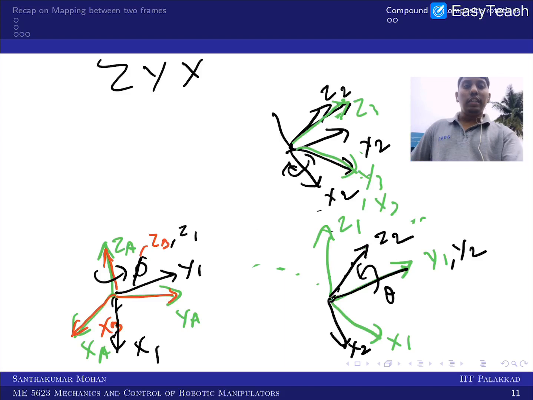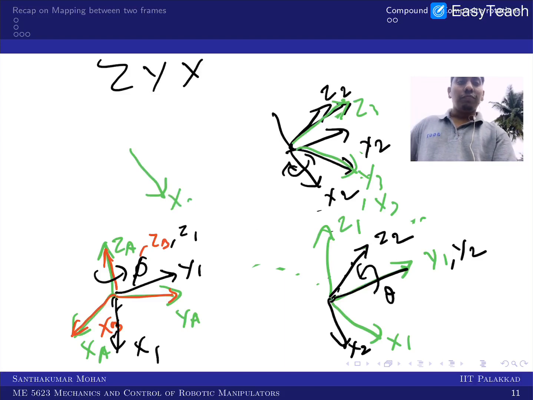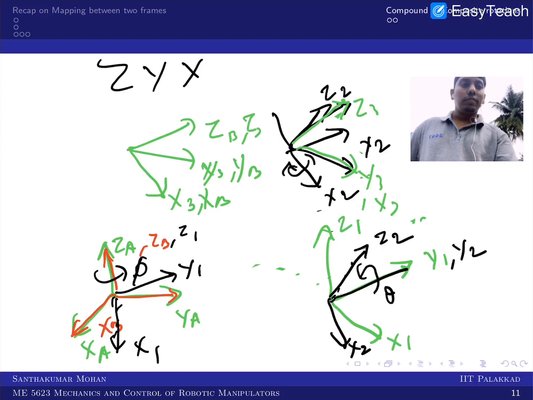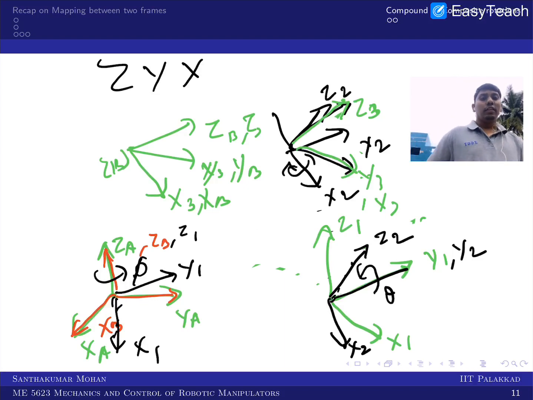So in the sense you can see that this is your x3 or xb, and this is your y3 or yb, and this is your zb or z3. Okay. So now you can see that the B frame is realized with respect to A in this way.